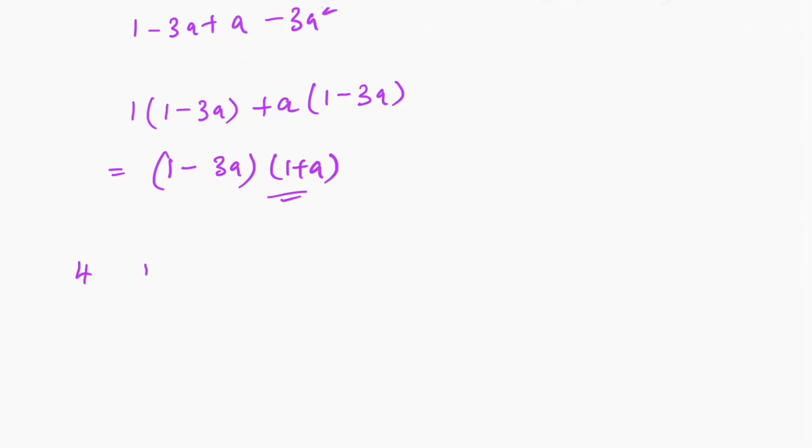Coming to the fourth question: x square minus 3ax minus 88a square. Here you can find two variables, right? So let us consider only one variable. We consider x as the variable and take a as common.